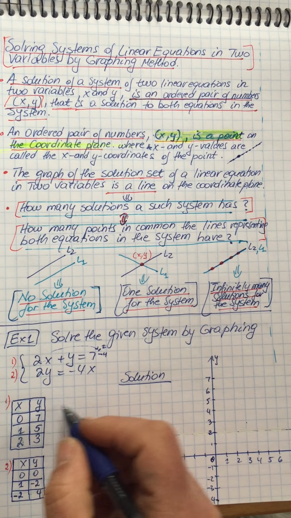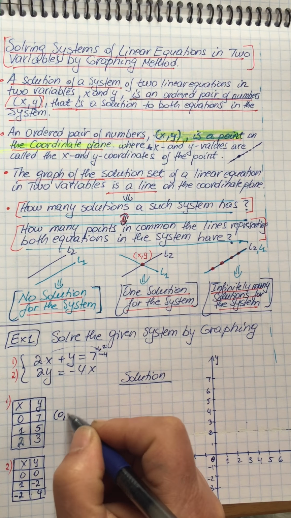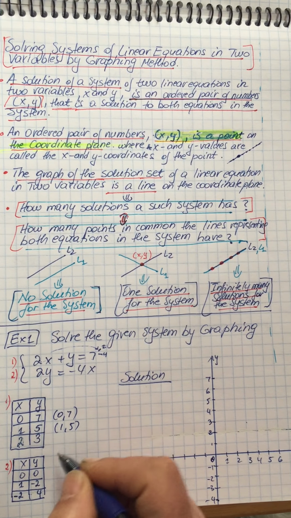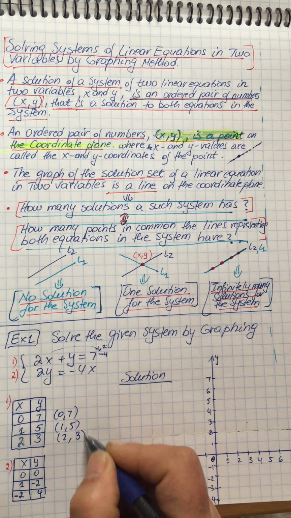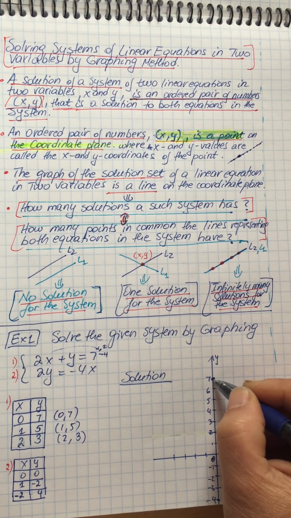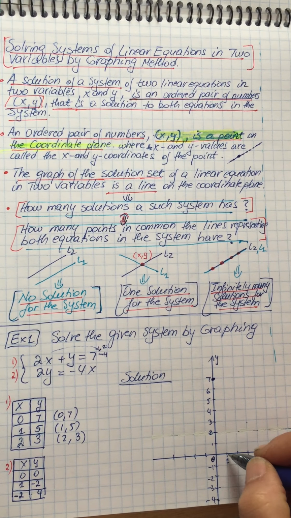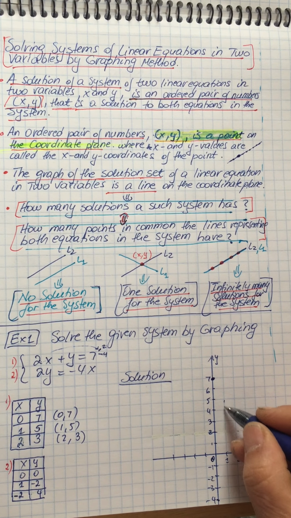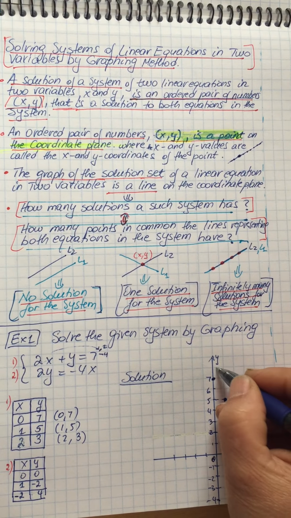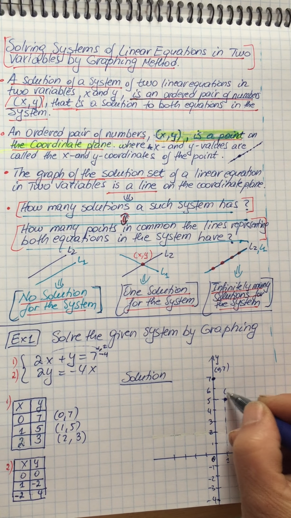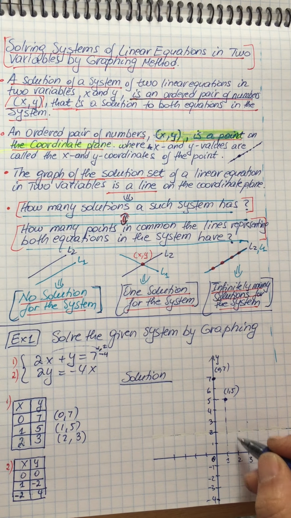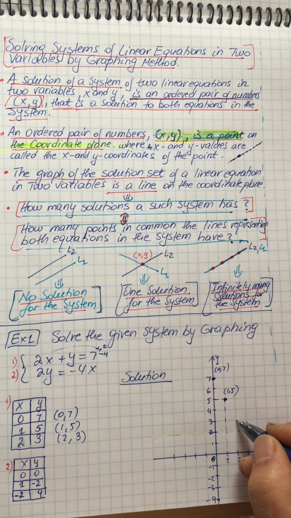So I found 3 points: 0, 7 for the first equation, 1, 5 and 2, 3. Now I'm going to plot those points. 0, 7 is here, 1, 5 is here, and 2, 3 is here.